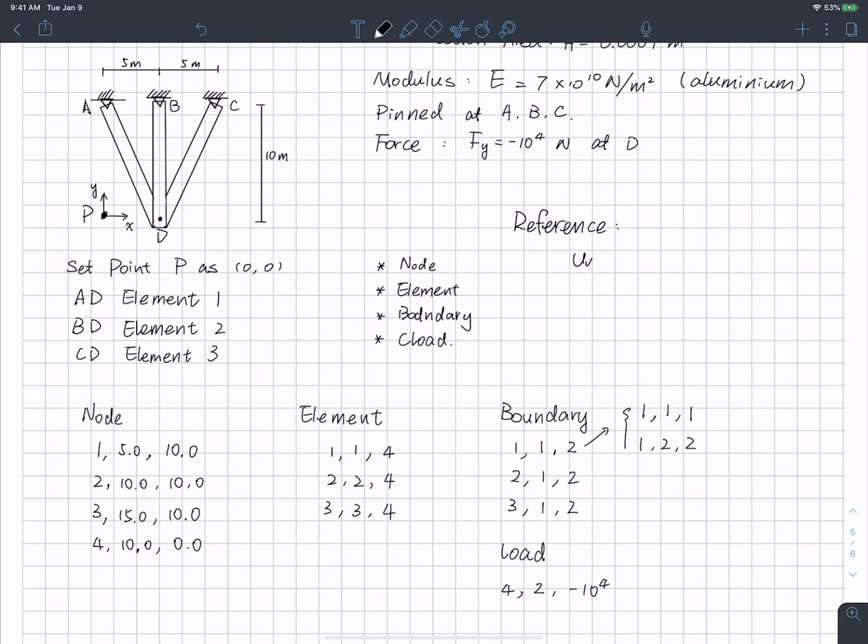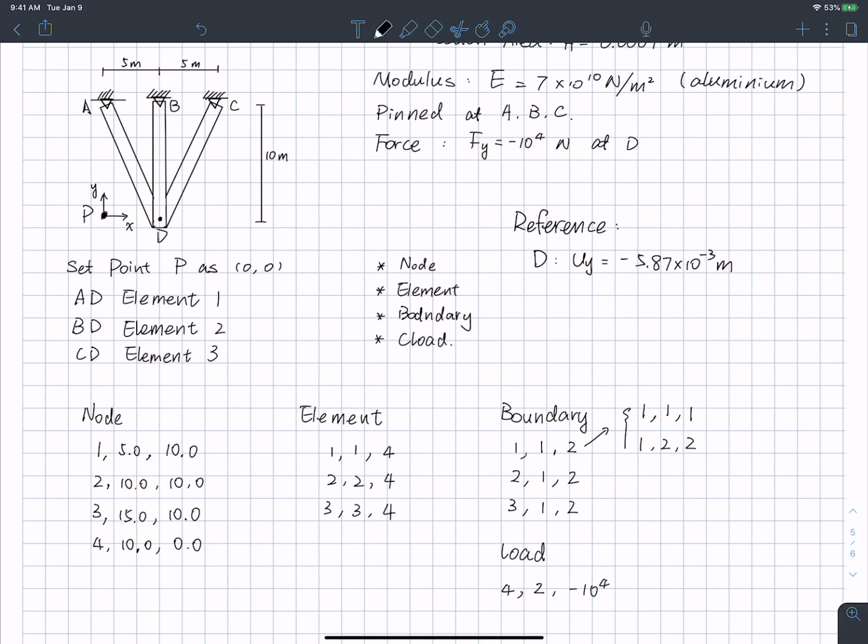So uy at point D equals this. This is for your own reference.